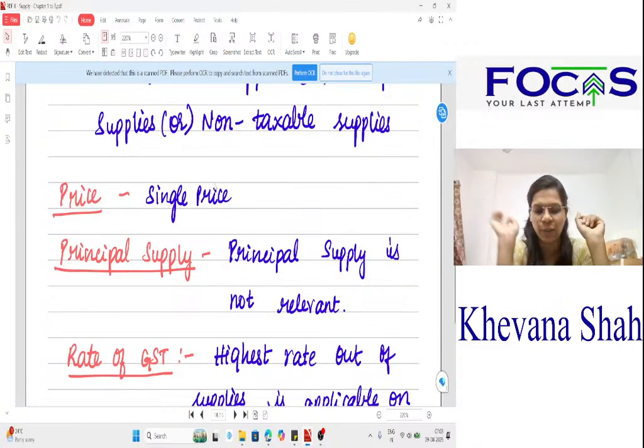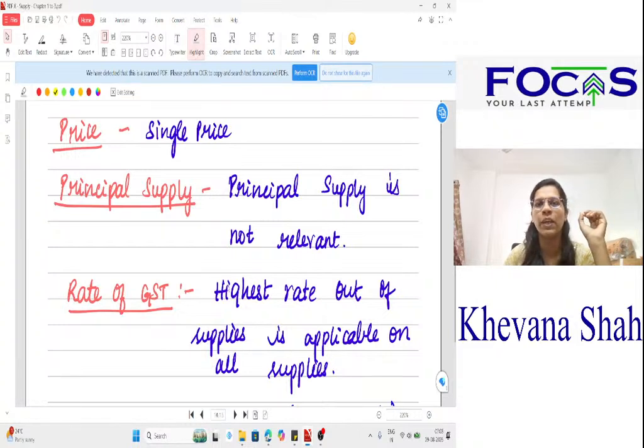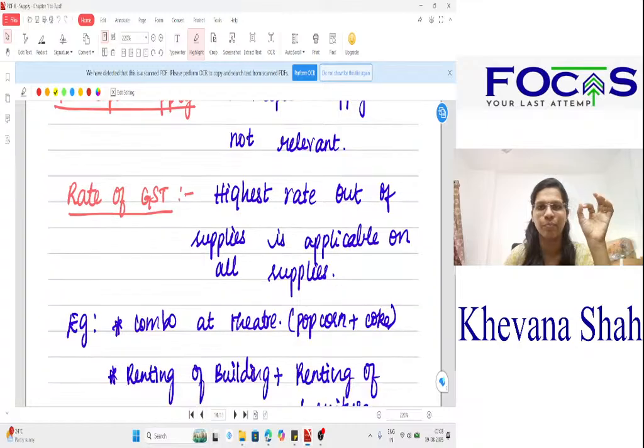It doesn't apply to your mixed supply. Now, your next question will be, what is the rate of GST that I shall levy for this mixed supply? So, for mixed supply, you have to apply the highest rate out of the supplies. Okay, you will apply your highest rate.